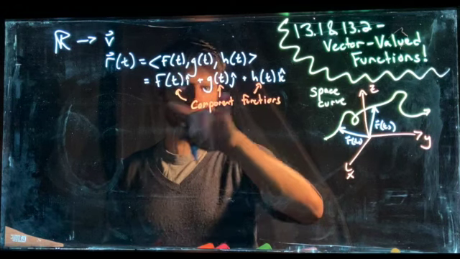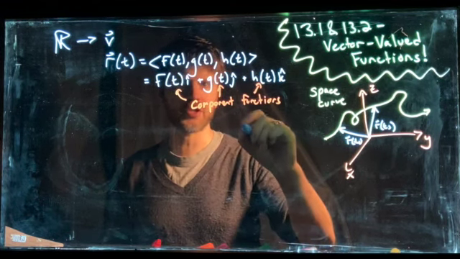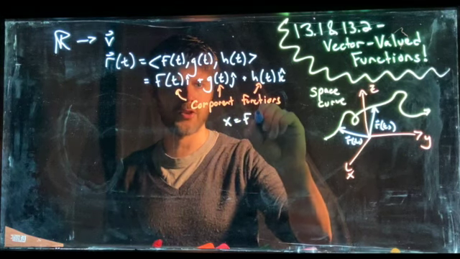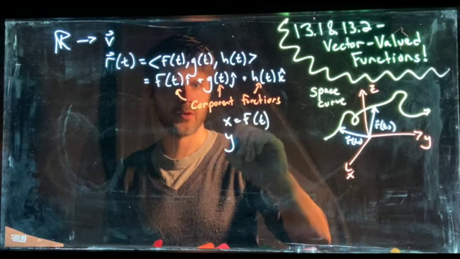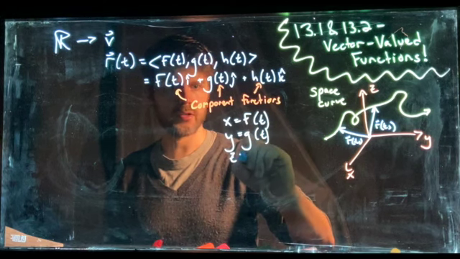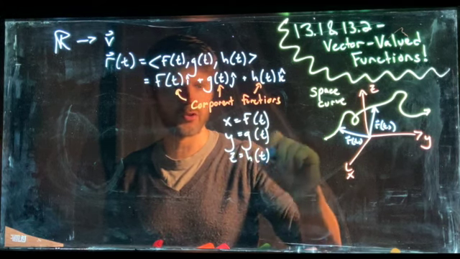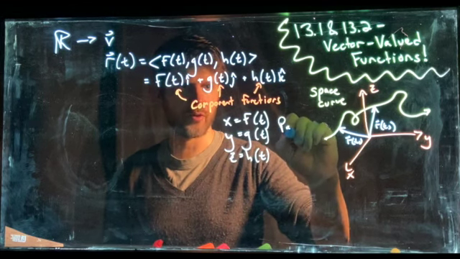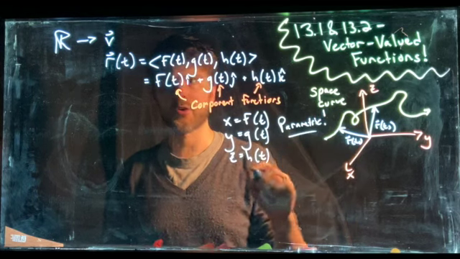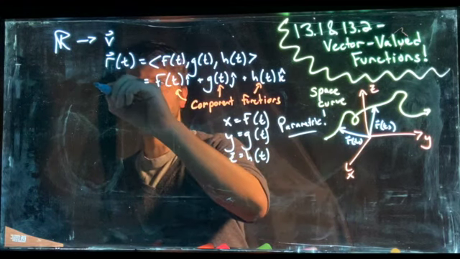We could take a look at these component functions and say, this is just the same as a parametric curve, where x is equal to f of t, y is equal to g of t, and z is equal to h of t. These are, of course, our parametric form of our equation versus our good old vector form here.